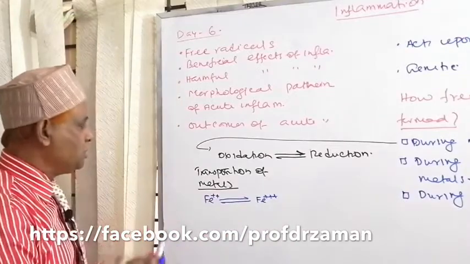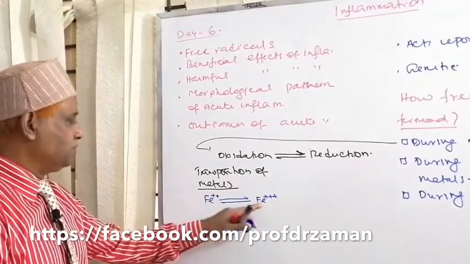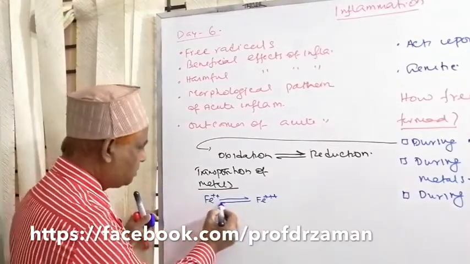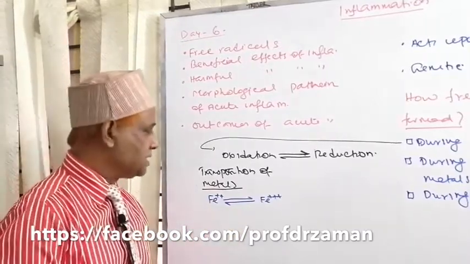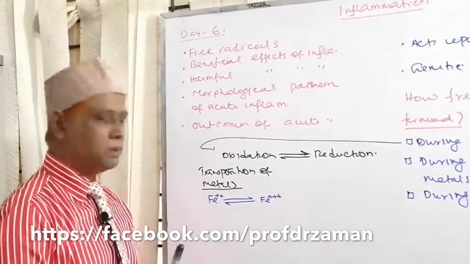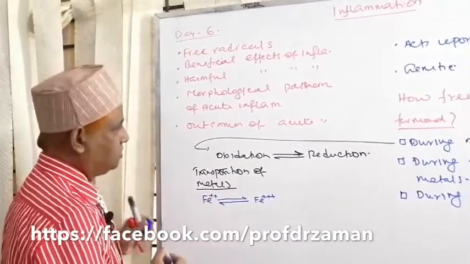So during transposition of ferrous to ferric or ferric to ferrous, there is formation of chemical species containing unpaired electrons. There is formation of free radicals.